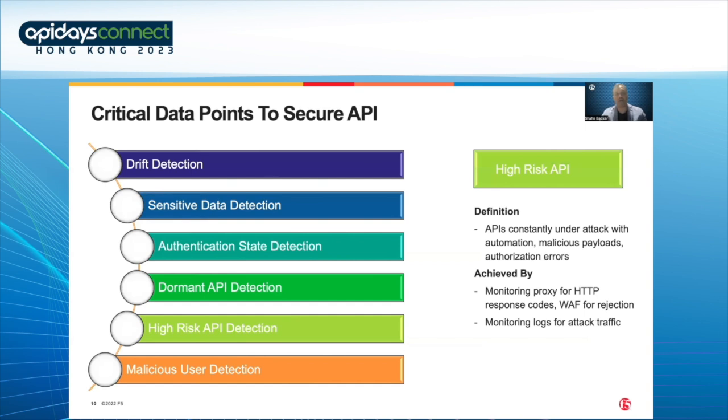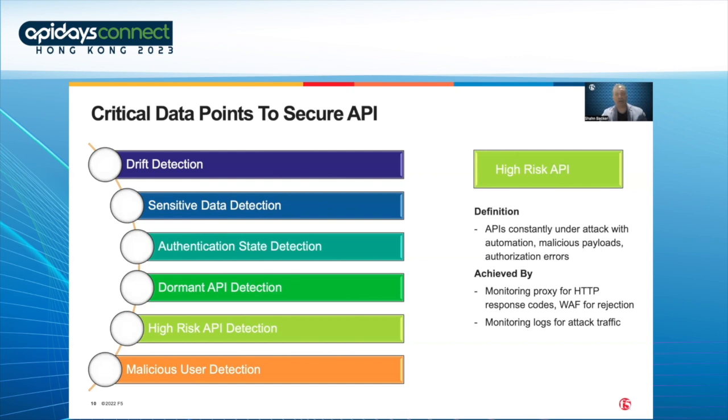Some APIs will definitely find themselves in the crosshairs a little more often. As an organization, it is important to understand which of your APIs are constantly under attack. Attacks come in the form of automation, malicious payloads, and payloads that are causing errors on the server side. It's important to isolate them and ensure that we can put in a proper mechanism to save them.